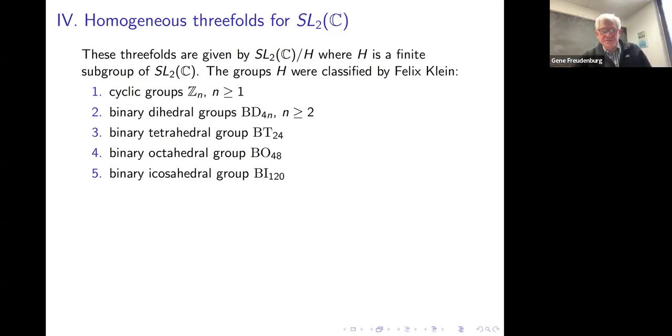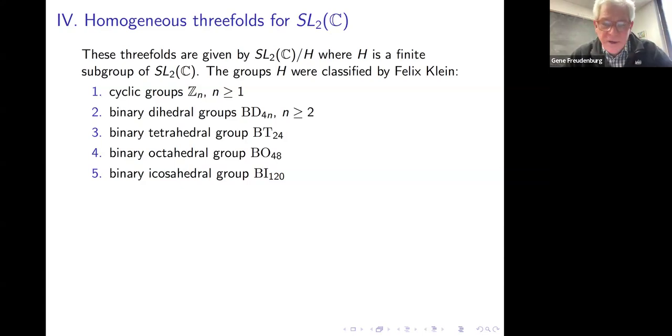So the groups, or families of groups, are, of course, cyclic groups, the binary dihedral groups, which I write BD_n, so the order is 4n, for n at least 2. And then these three individual groups: the binary tetrahedral group BT_24, which has 24 elements, the binary octahedral group BO_48, and the binary icosahedral group BI_120, I should say.